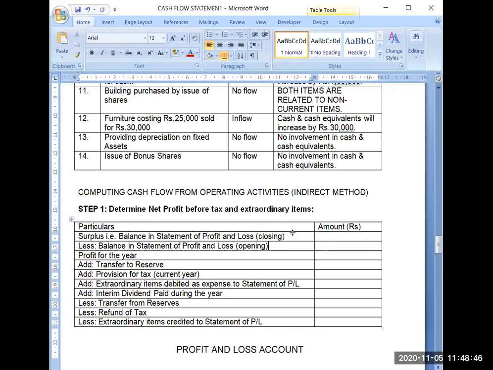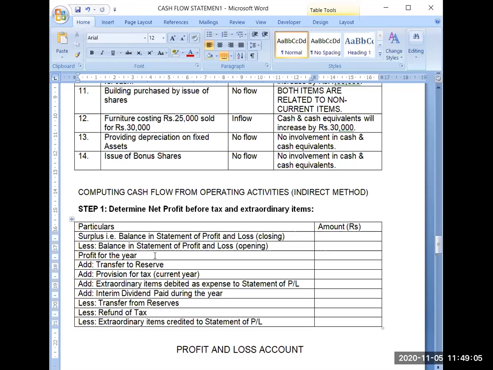Means you have to do closing minus opening. This step sometimes confuses students. That's why I have clearly mentioned here that you have to subtract the opening balance of profit and loss account from the closing balance of profit and loss account. Then you will get profit for the year.